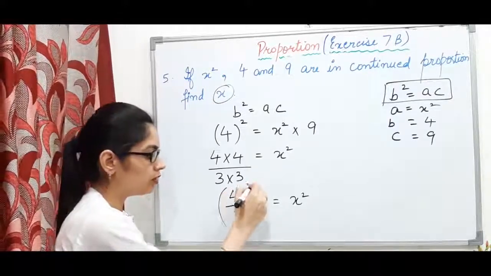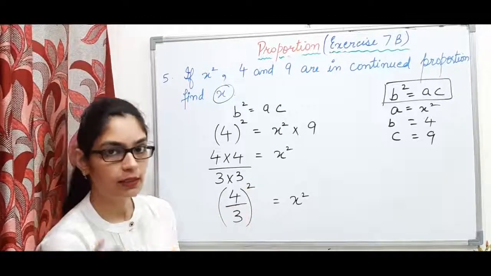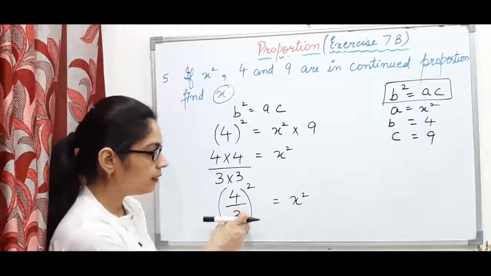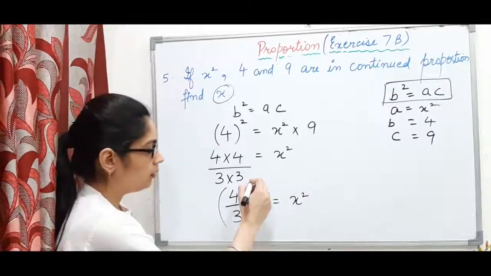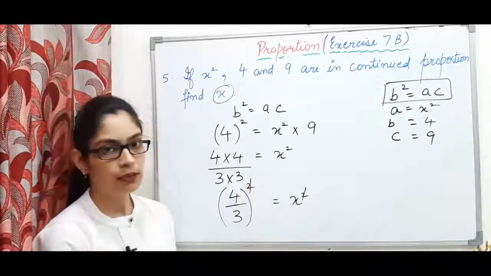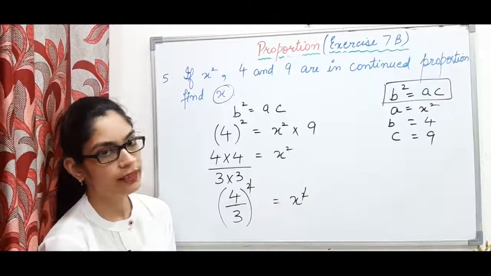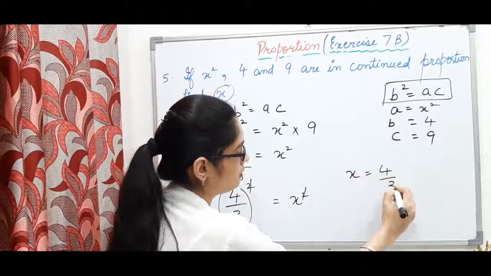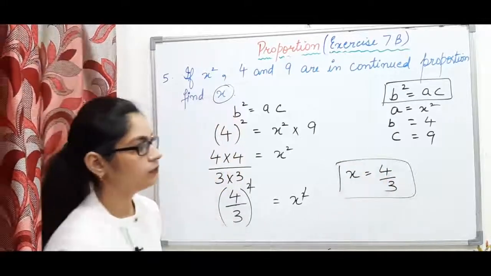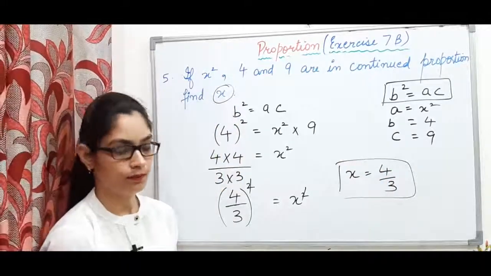This is with 4 also and it is with 3 also, so one single time I wrote. Now 4 by 3 whole square is equal to x square. This square and this square, same powers, will get cancelled. So we will get x is equal to 4 by 3. This way we can solve it.